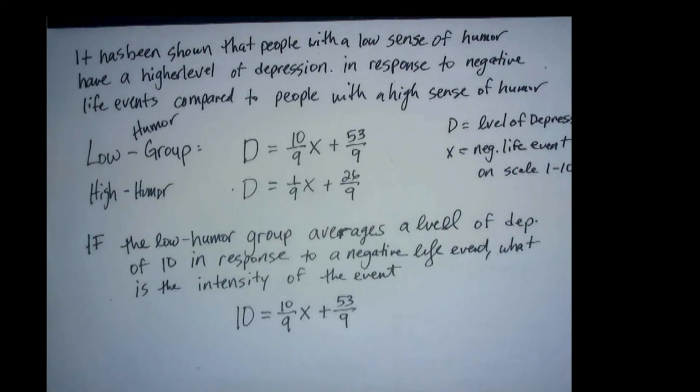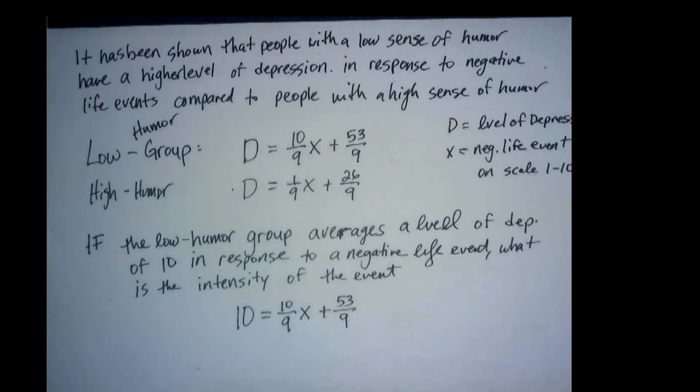Okay, what do we do? We multiply each side by 9. Exactly. We're going to multiply everything by 9, and that's going to make this formula look a lot prettier.